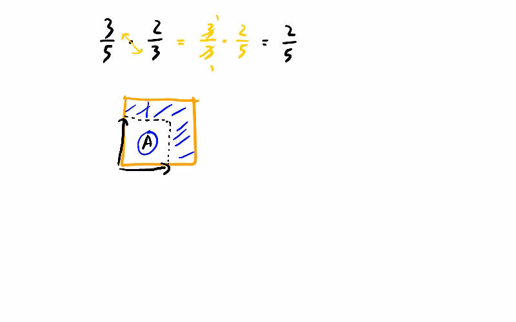The value would represent less than half, which would make sense since our answer came out to be 2/5, which should be less than 1/2. So the answer does make sense geometrically as well.